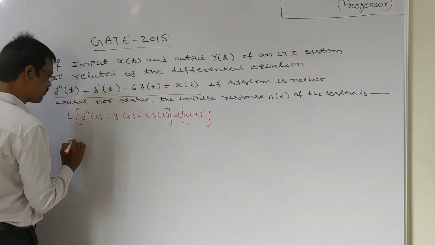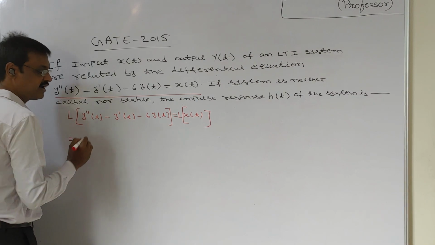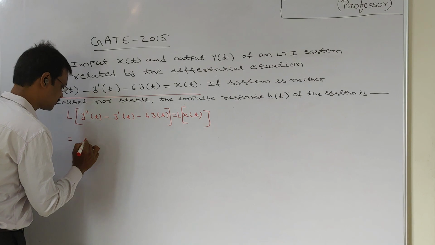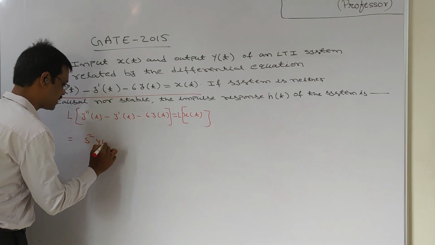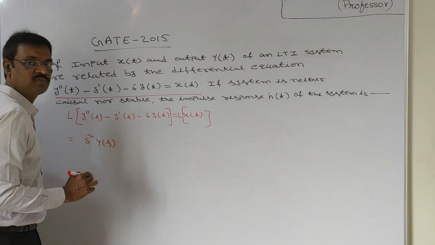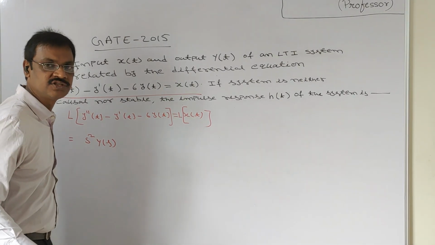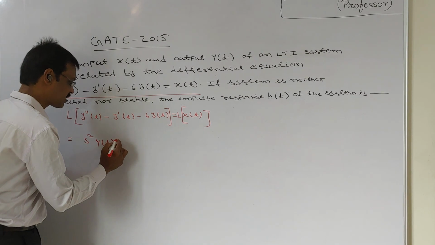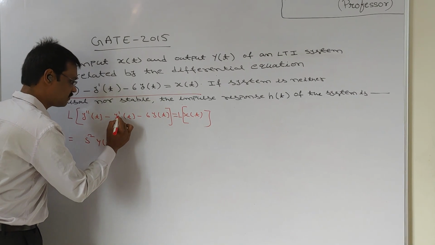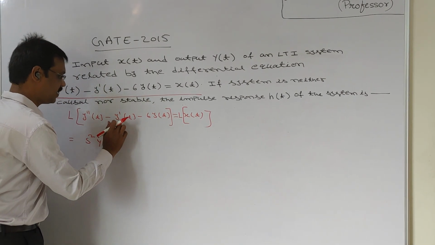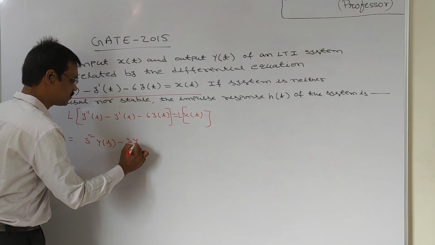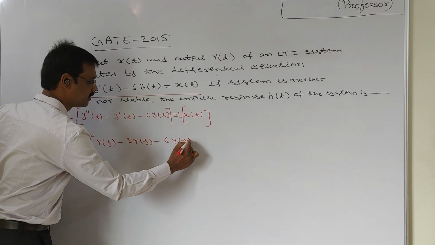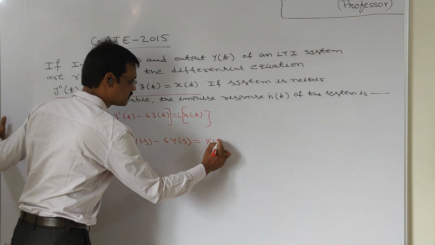The Laplace transform of y double dash of t, that is d square y of t by dt square, is equal to s square y of s. Assume that initial conditions are 0, because initial conditions are not given. Then the Laplace transform of dy by dt is s into y of s, minus 6 into y of s is equal to x of s.